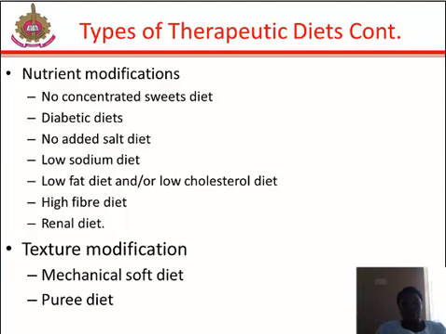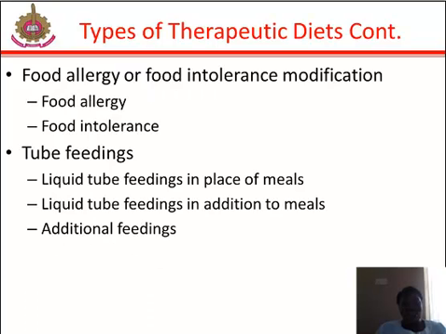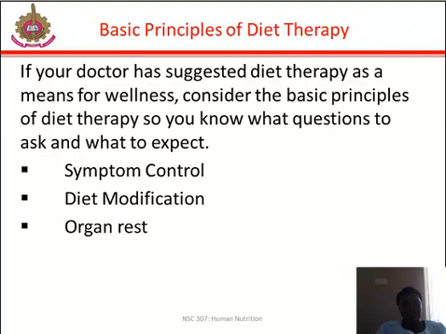Also, in texture modification, we can have a mechanical soft diet and a pureed diet. In food allergy or food intolerance modification, we can have food allergy and food intolerance diets. And in tube feedings, we can have liquid tube feedings in place of meals, liquid tube feedings in addition to meals, and additional feedings.